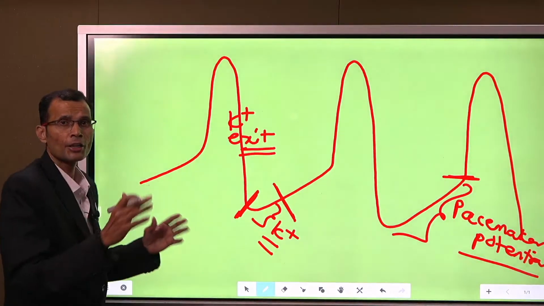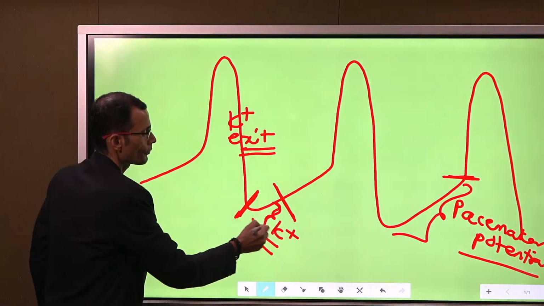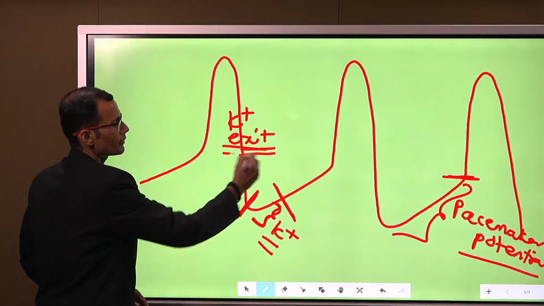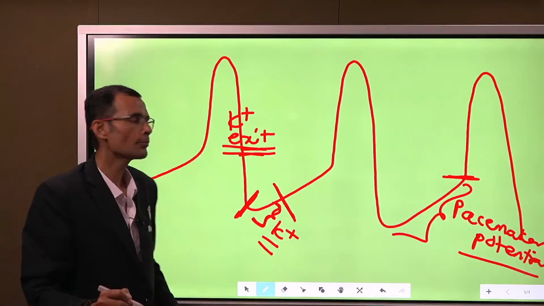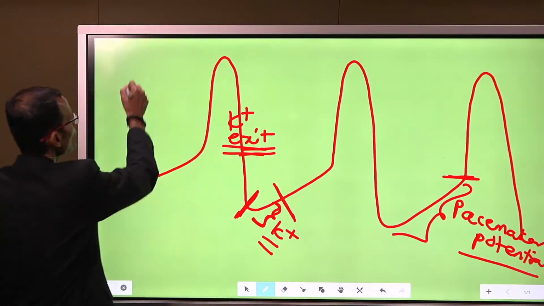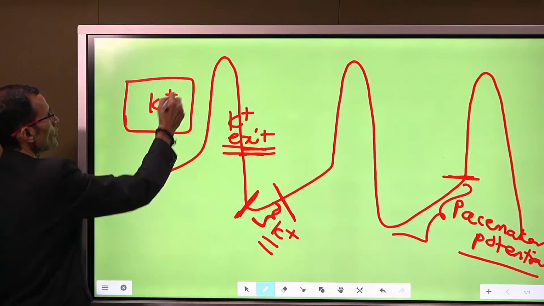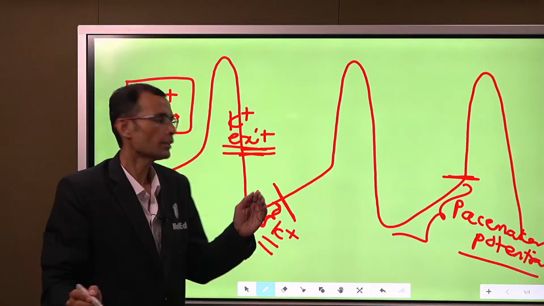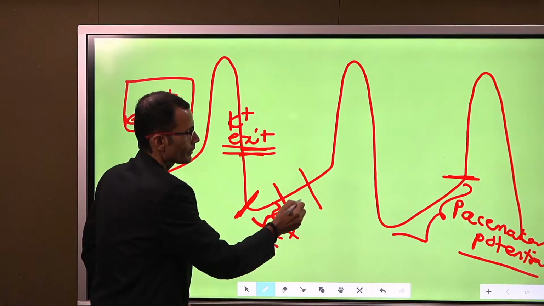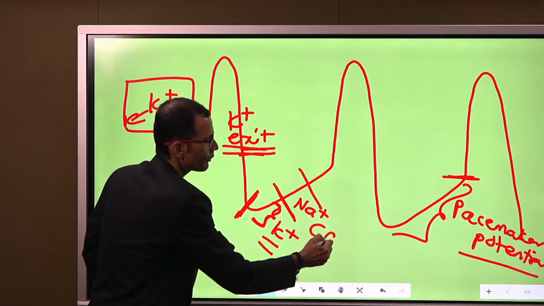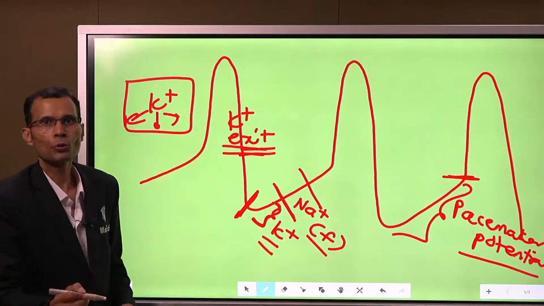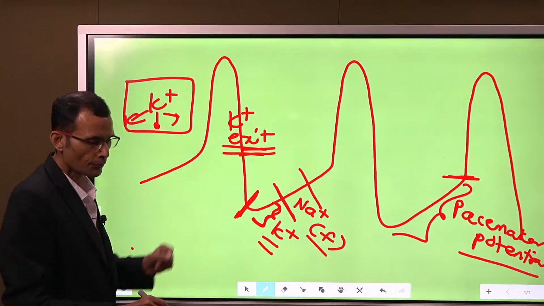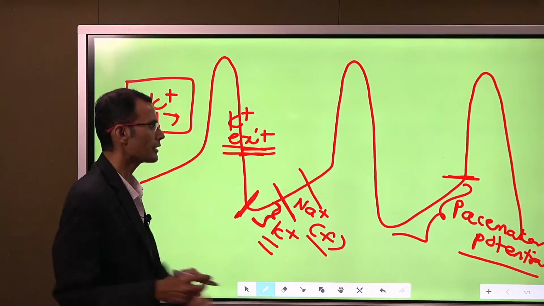The ionic basis for that is: potassium exit decreases at the end of repolarization and potassium starts accumulating inside the membrane. So that is the first part of the pacemaker potential. The second part is because of the influx of sodium through the sodium funny current, which causes further depolarization.